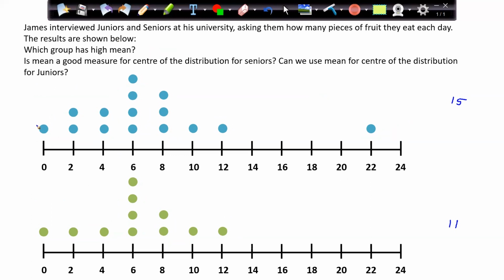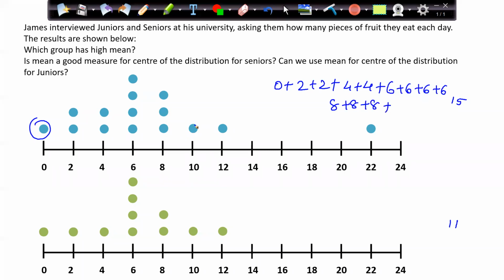Let me sum the number of fruit. So this is 0. Then there are 2 people with 2 fruits, 2 people with 4 fruits, 4 people with 6 fruits, 3 people with 8 fruits, 1 person with 10 fruits, 1 person with 12 fruits, and 1 person with 22 fruits.